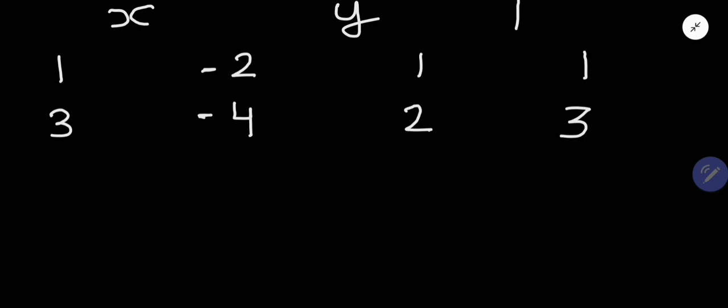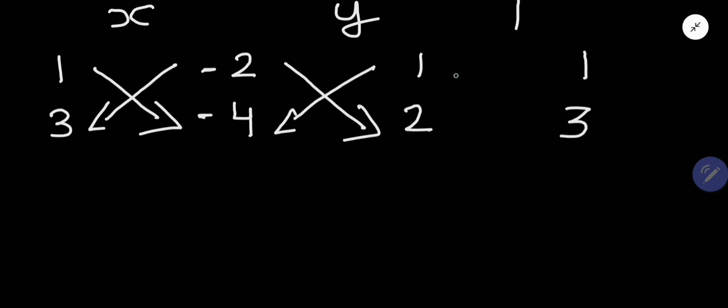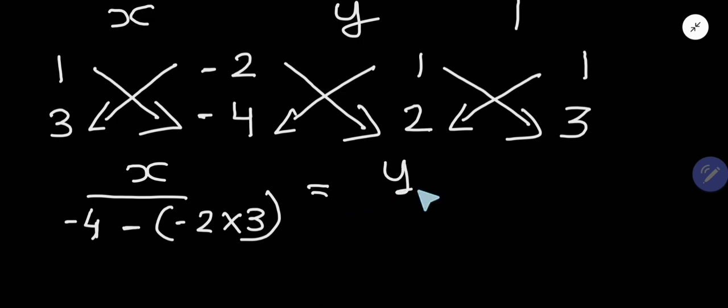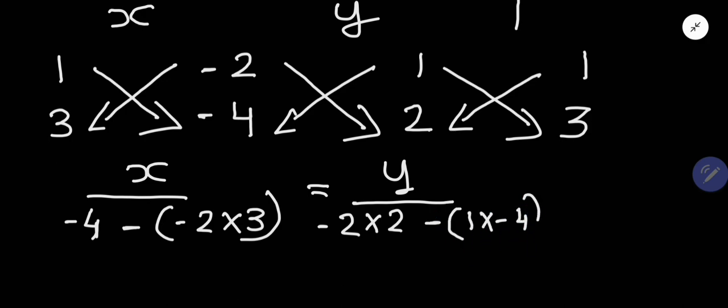So we will cross multiply. x over 1 into minus 4, which is minus 4, minus 2 into 3; y upon minus 2 into 2 minus 1 into minus 4; and the last is 1 into 3, which is 3, minus 1 into 2.